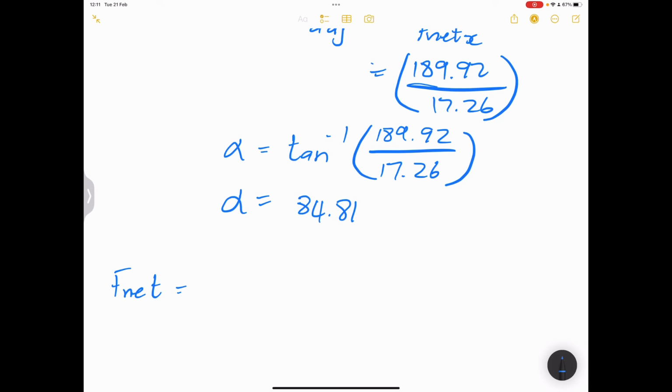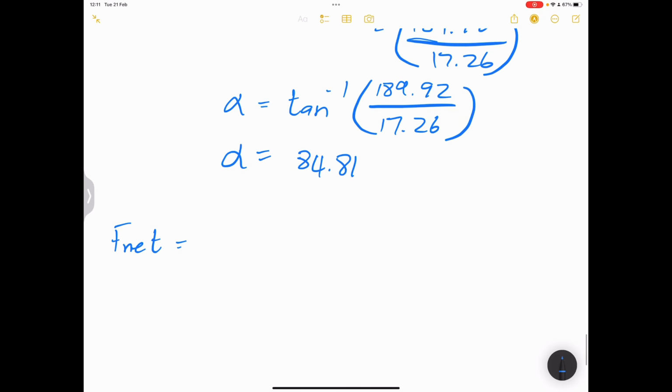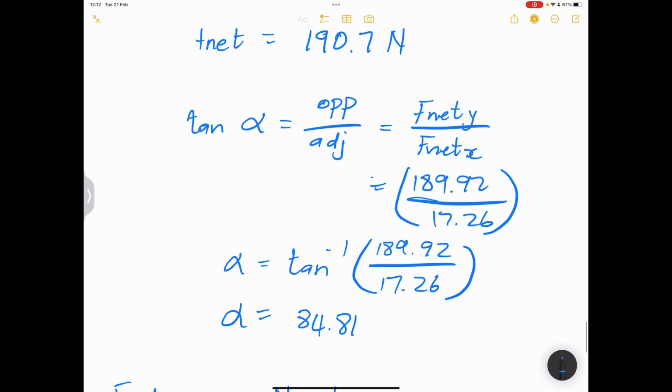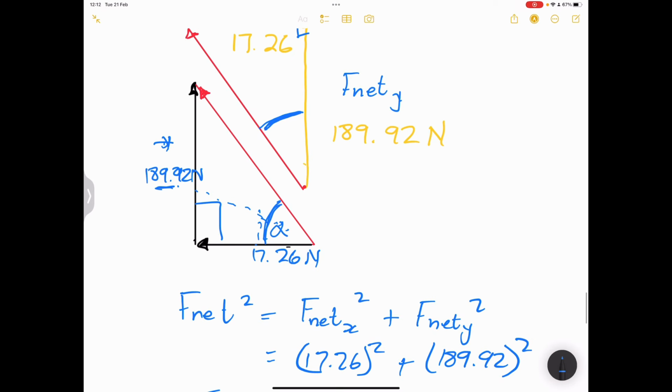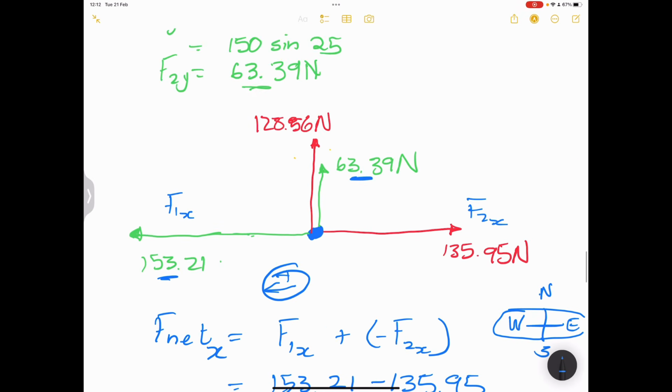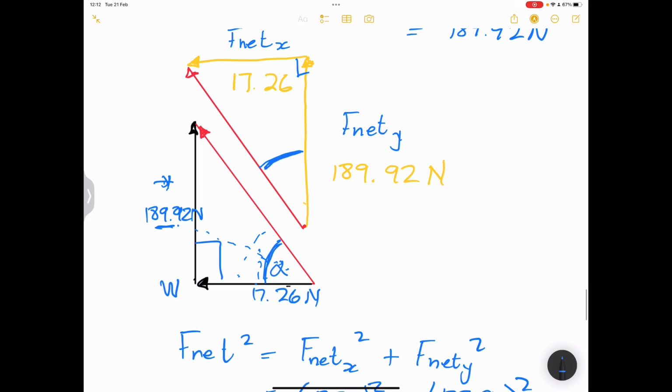Now, we can express that our net force will be equal to the value of our net force, 190.7 newtons at, now remember, that angle there, my reference is to the west. From the west I am going to move that angle, 84.81, towards the north. So from the west I'm moving that angle towards the north.